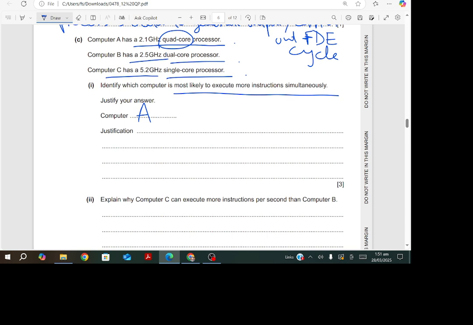Why? Because this is having quad core, four processors, so four sets of instructions can be split.